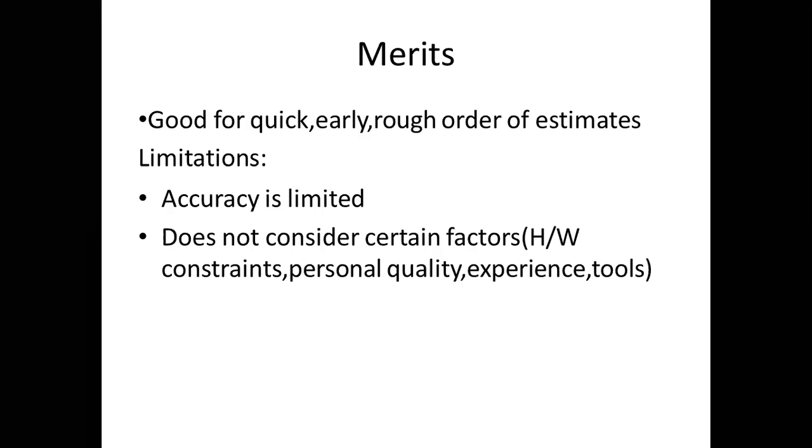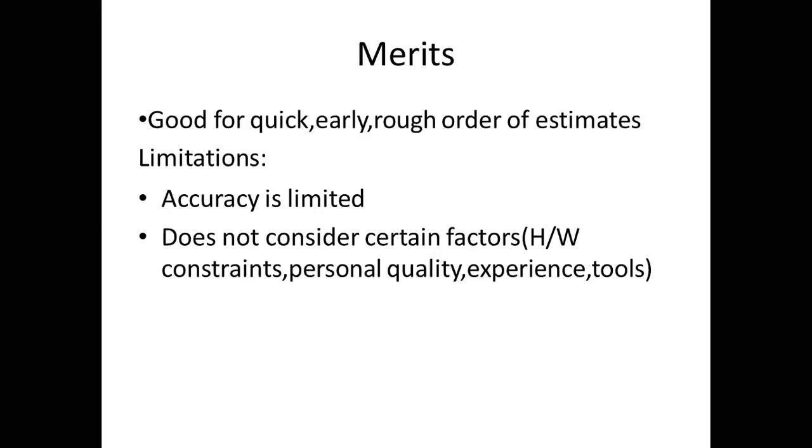अगर programmer expert होगा, if the programmer is expert, he may complete this in fewer lines of code. वो 32,000 LOC की बजाय प्रोग्रामर उसको 12,000 LOC में भी कंप्लीट कर सकते हैं. If all the developers in developing that project are experienced, they may take lesser number of lines.